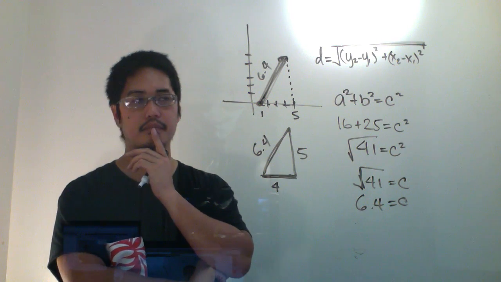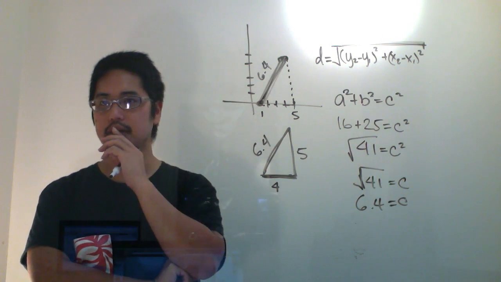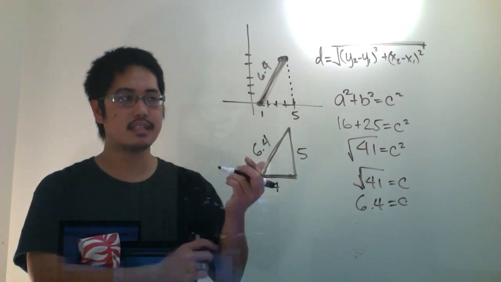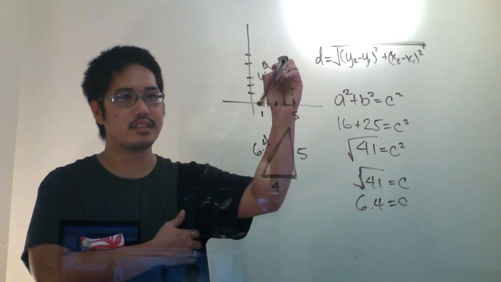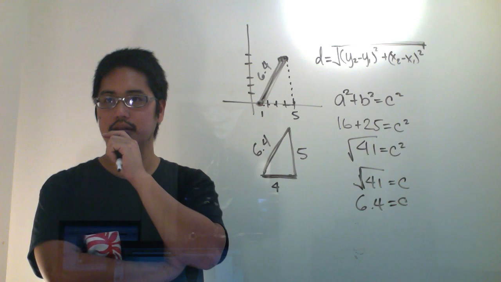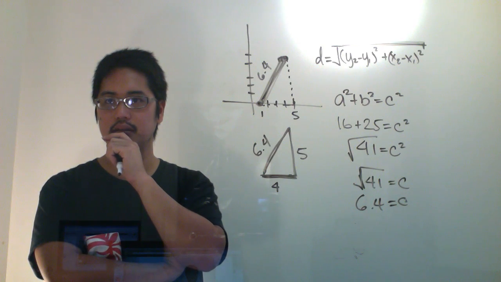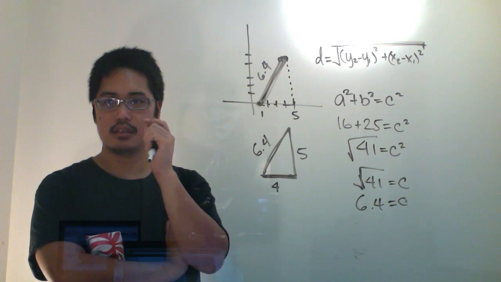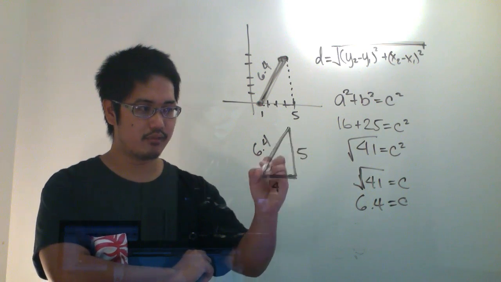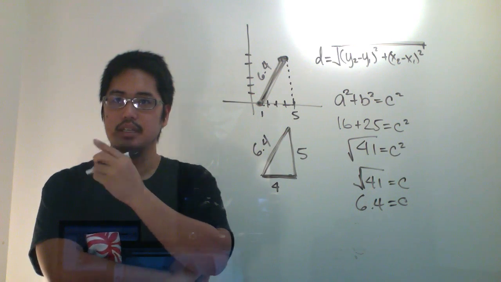Well, that's the distance between this point and this point, isn't it? It's the length from here to here. Why is that not the distance?